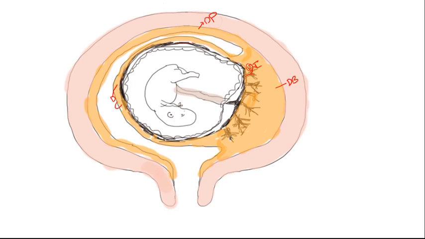Cytotrophoblast are the predominant ones surrounding the villi.